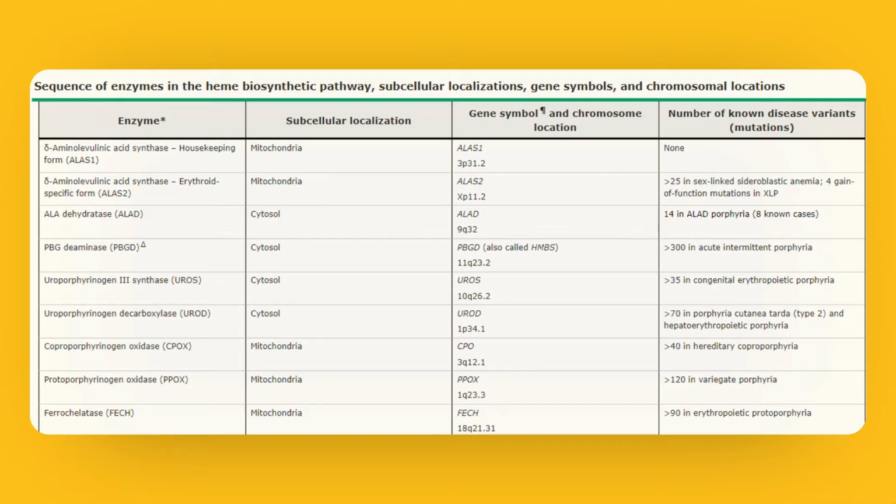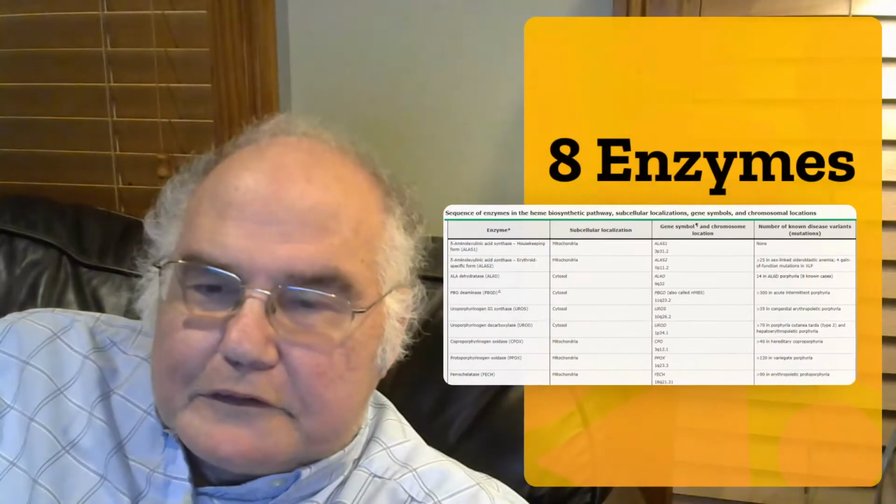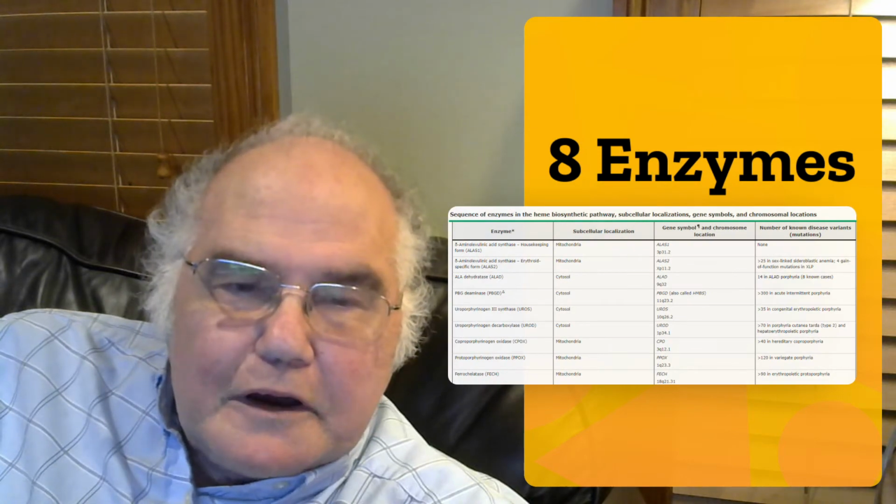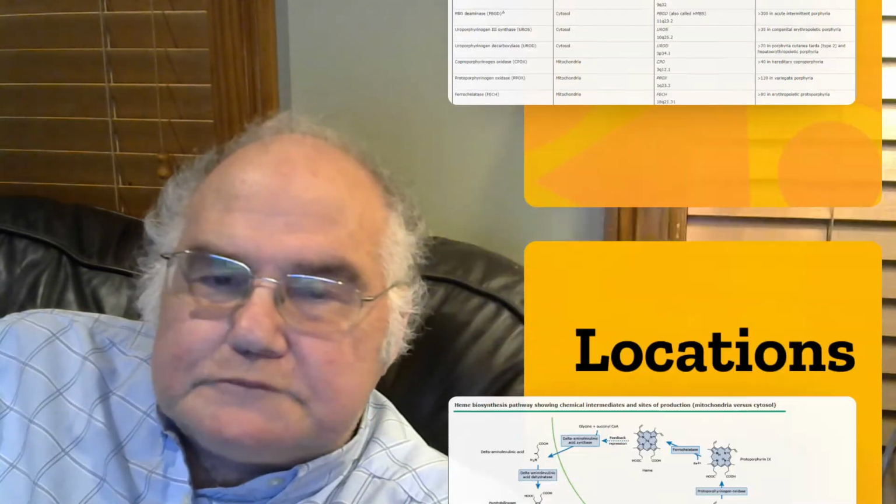Here are the genetic symbols, and this last column tells us how many mutations have been already recognized, which contribute to the dysfunction of those various heme enzyme producing cells or production.